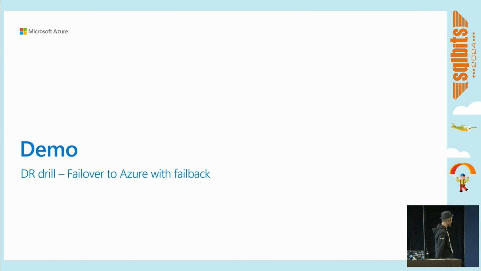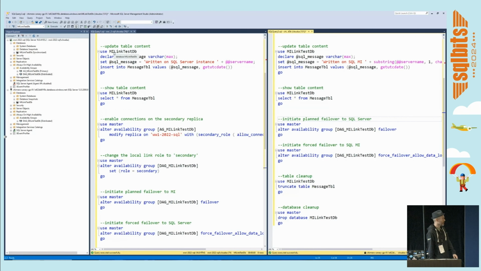Okay, let's continue our demo train. So this is the DR drill that Danny introduced previously. So this demo starts basically where the previous demo actually finished. So here again, Object Explorer, we have SQL Server here, we have SQL MI here.